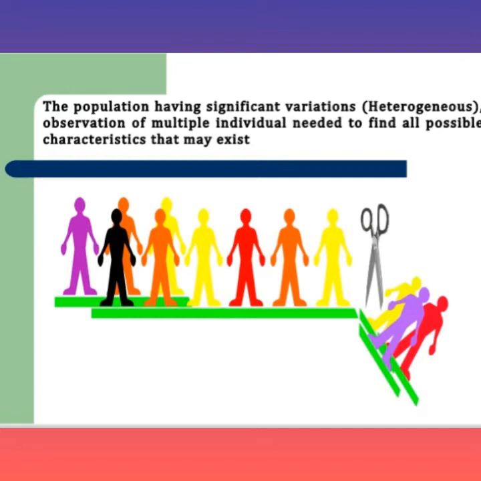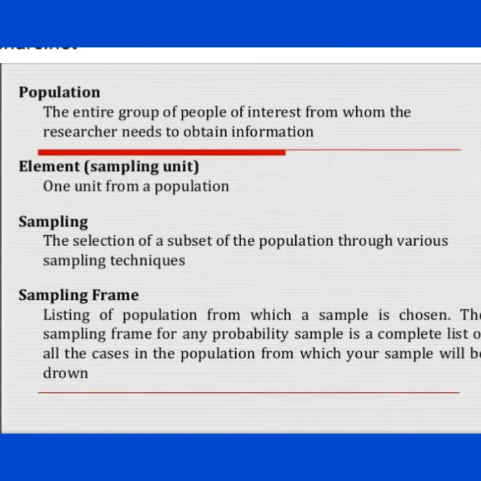And why sample? What is the need of this sample? Because it's very difficult to study each and every unit of the population when population units are heterogeneous. Heterogeneous means it's different in nature, in all means. And the time constraint, that is also a constraining factor. So out of this, there arises the need of a sample.